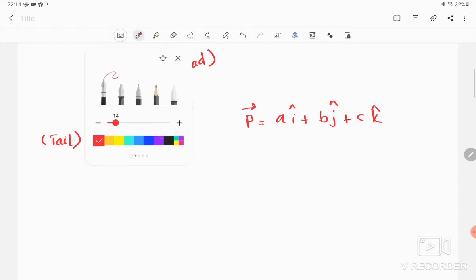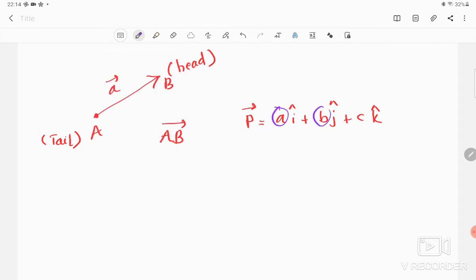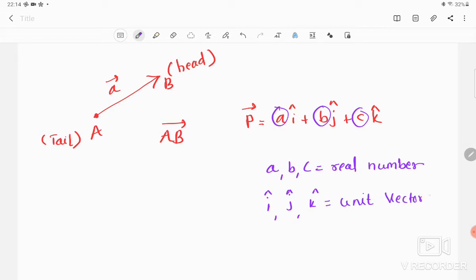So here a, b and c are real numbers, and I bar, J bar and K bar are the unit vectors. So what are the unit vectors? We will understand the unit vectors in the next slide, types of vector.